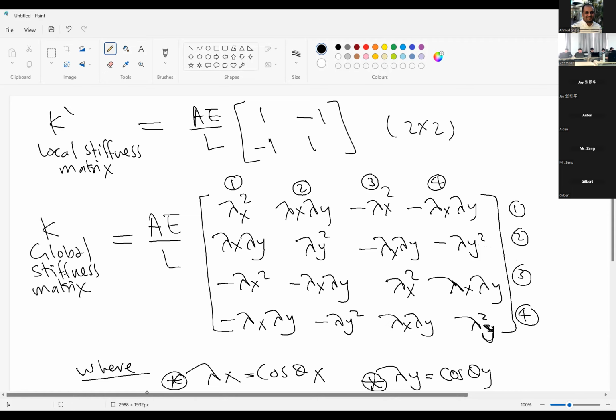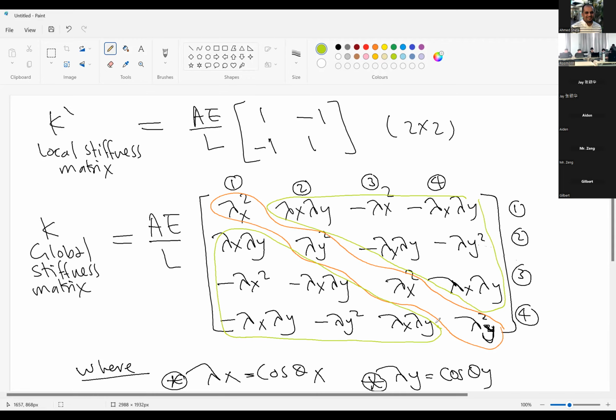If we have a look here, this is a symmetric matrix. If you see the diagonal, the half on the top is similar to the half on the bottom, so you don't need to know all of them.